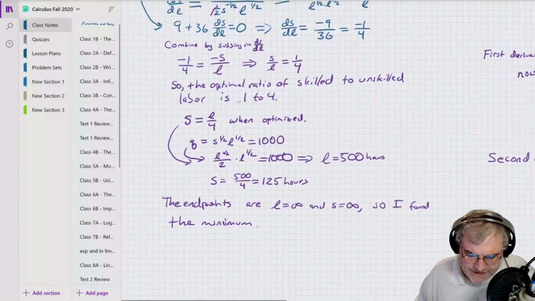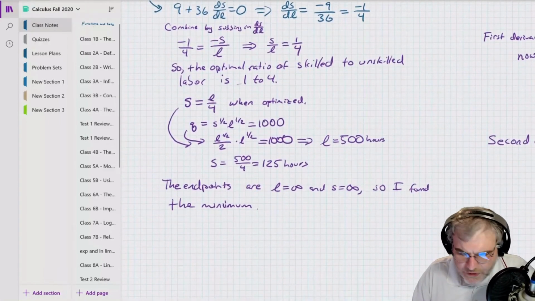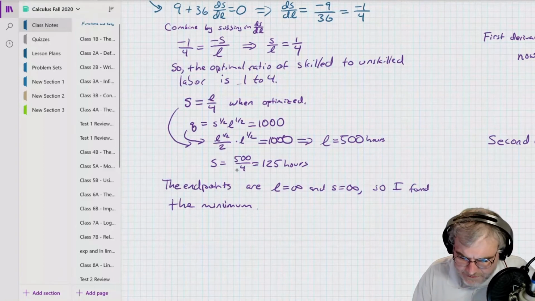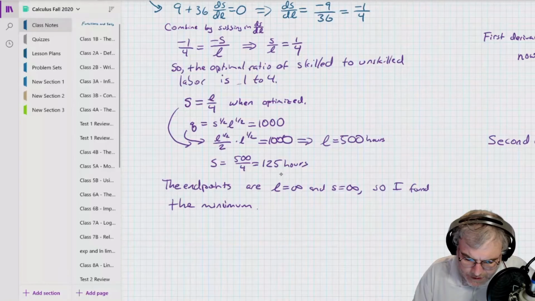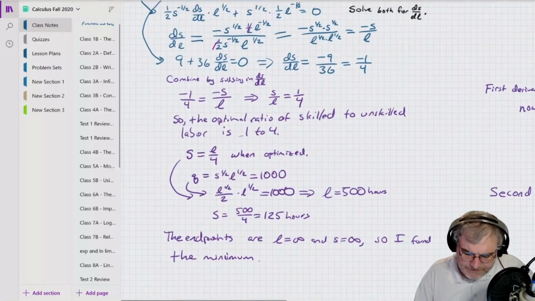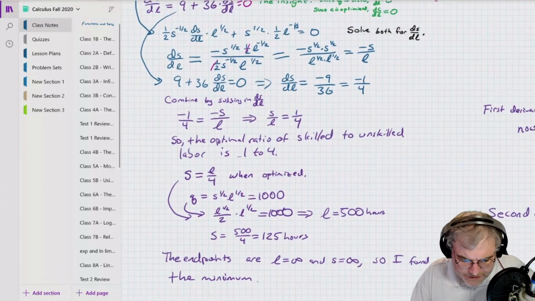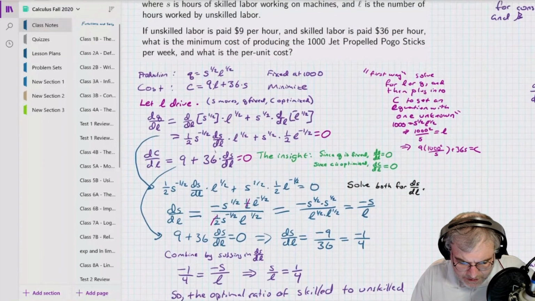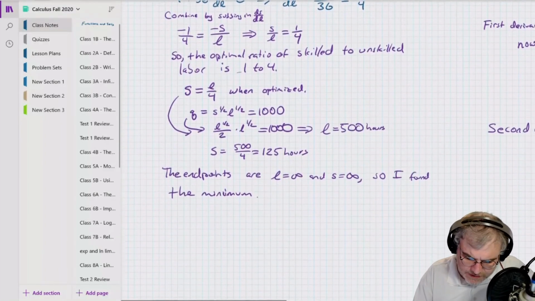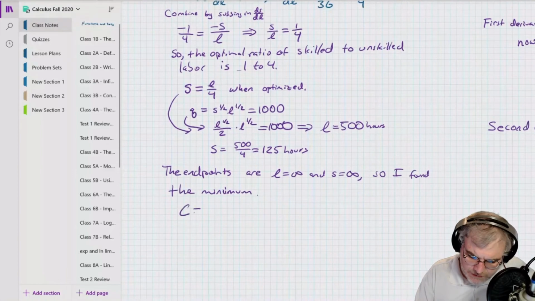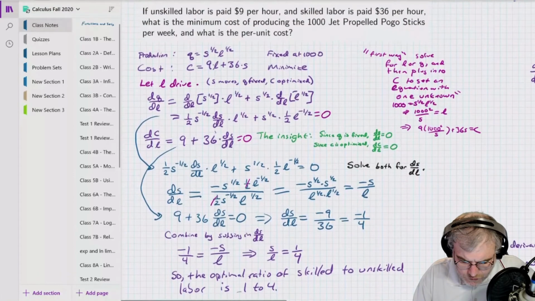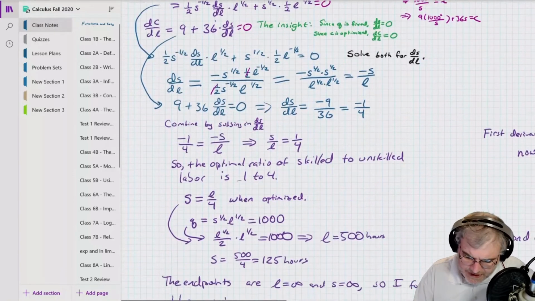So let's go back to this. The beauty of the thing, coming back here, now that I spent all that time on the first and second derivative tests: the endpoints are L, so I found the minimum. But more interesting, I've got everything I want, because now I just sub into what I've got. So the total cost, C equals, what was it? 9L plus 36S.